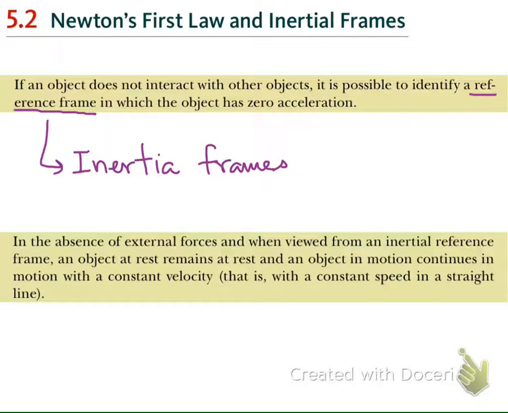Okay. So from this meaning of the first law, we can state the first law in a different way. That is, in the absence of external force, and when viewed from an inertial frame, an object at rest remains at rest, and an object in motion continues in motion with a constant velocity.